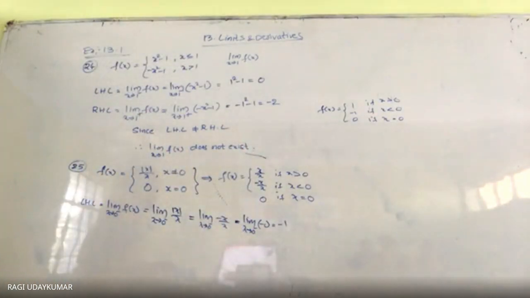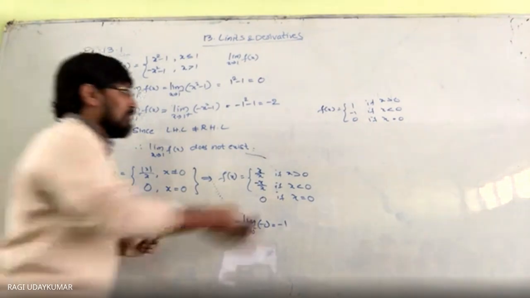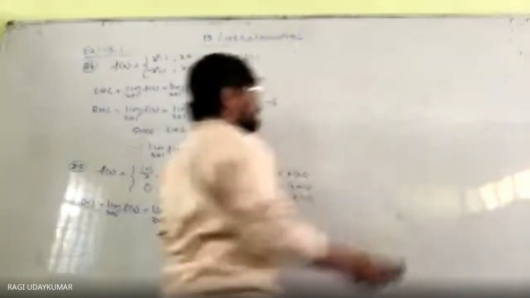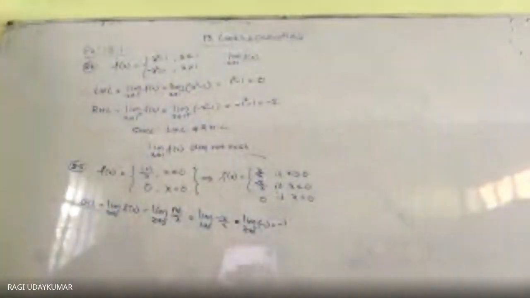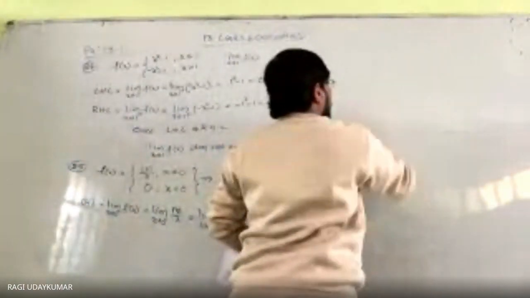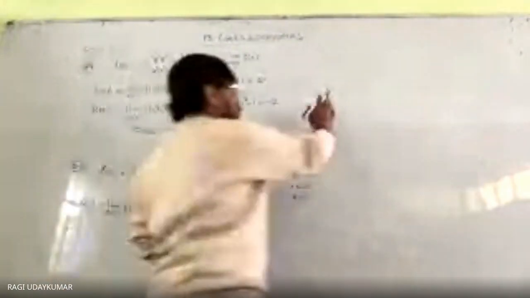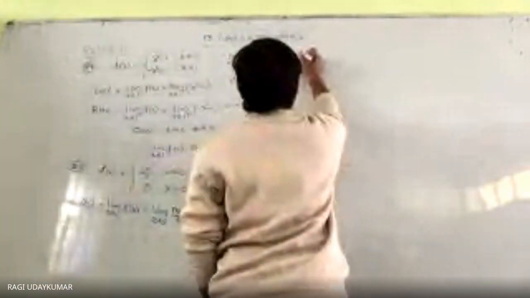So coming to the 27th question, whenever you see that f of x is equal to mod x minus 1.